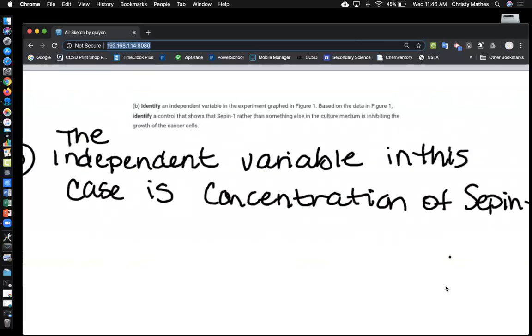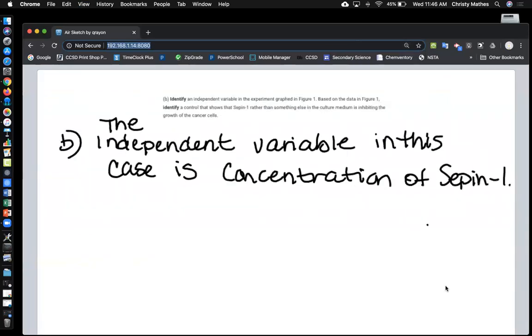So we saw that when we were looking at cancer, when we watched the movie, that we're always looking for the least amount of interference that can get us the most benefit from cancer. And so in this case, we want the least concentration of SEPN1 that's going to actually kill the cancer cell's growth. So that's the first part.